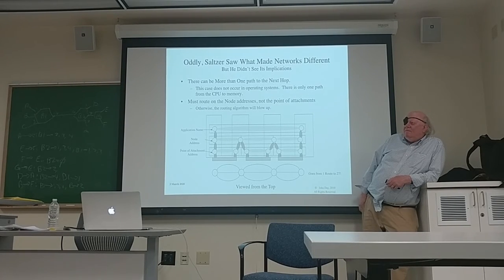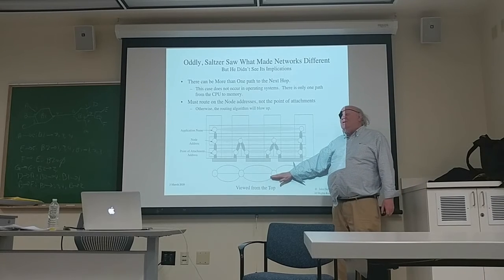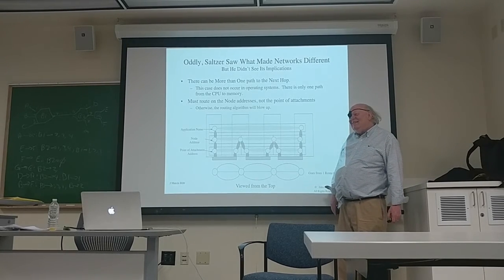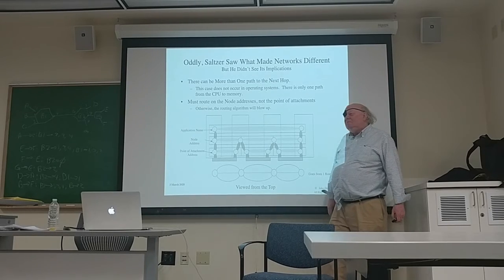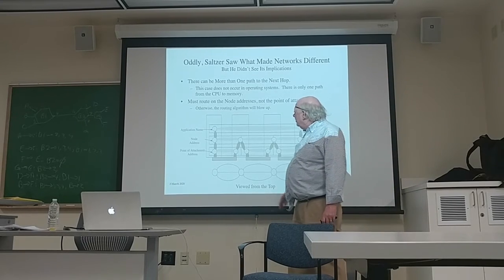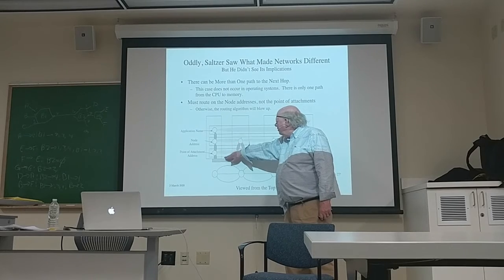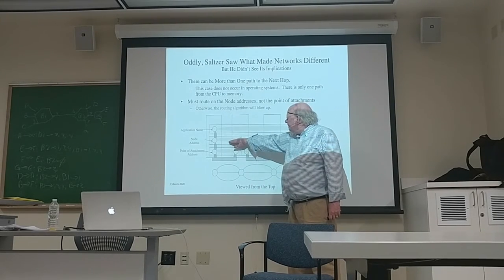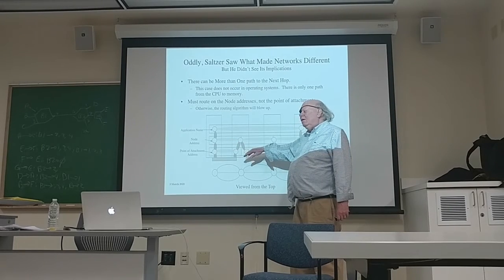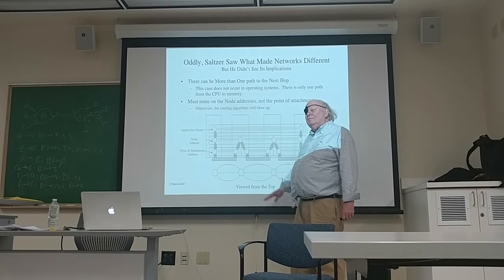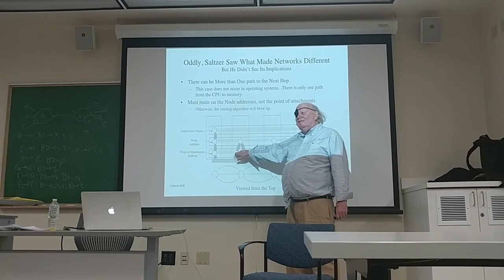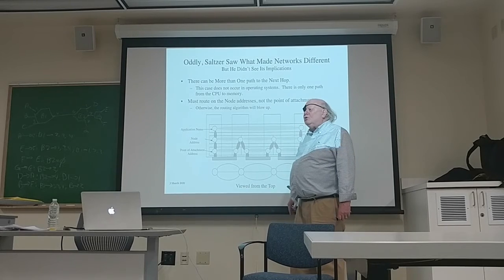Explain a little bit that visual. Well, this is looking at it from the top, and this is looking at it from the side. I got that, but the first circle on the left, it's going to pass to the second one on the bottom. Right. The one at the bottom. So each circle, is that a router? Well, no, it's a protocol machine at this layer. Routers are boxes.